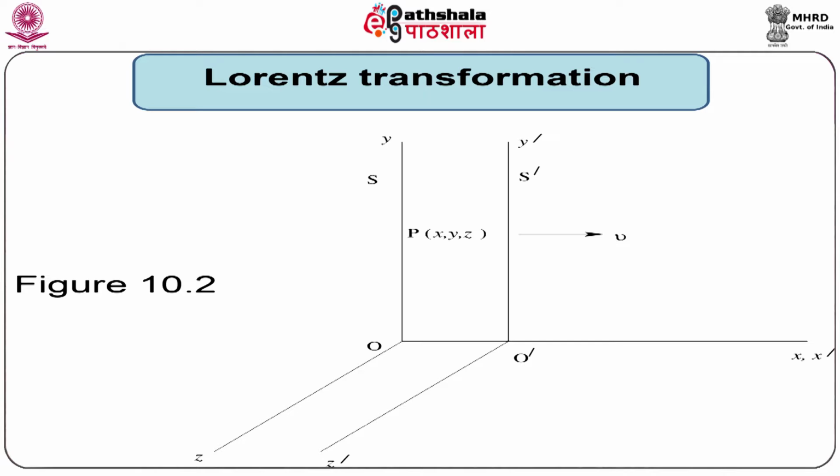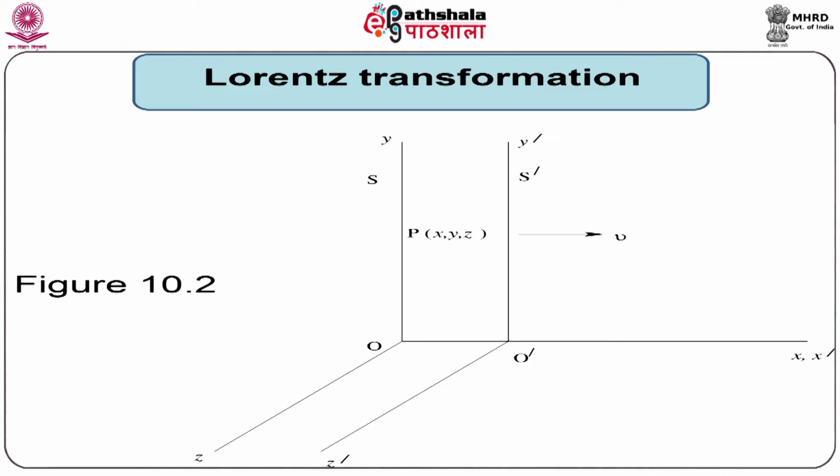Let us go through figure 10.2. Here two systems have been considered, S and S'. The origin of the S system is O, whereas the origin of the S' system is O'. The x and x' axes of S and S' systems coincide, whereas the y and y' axes are parallel.